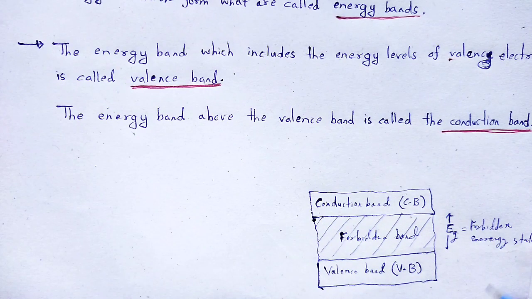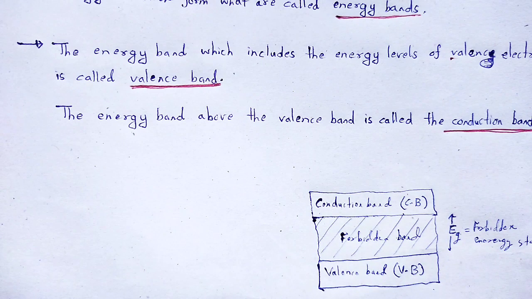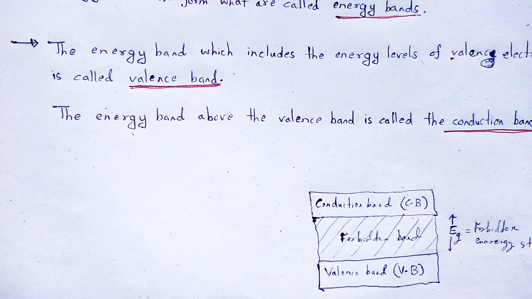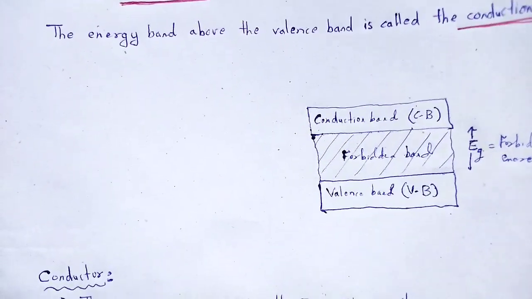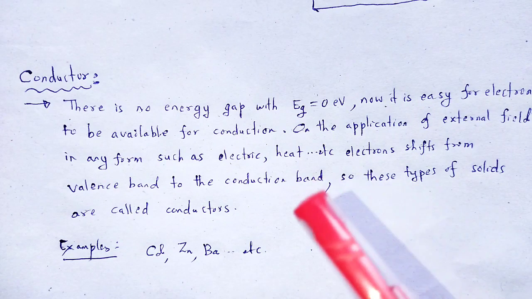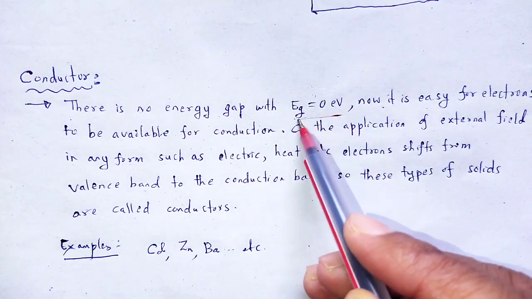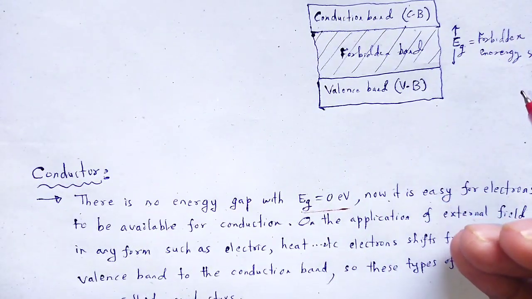Now, we can easily classify conductor, semiconductor as well as insulator by taking these energy bands. For a conductor, there is no energy gap, meaning Eg is equal to 0 electron volt.